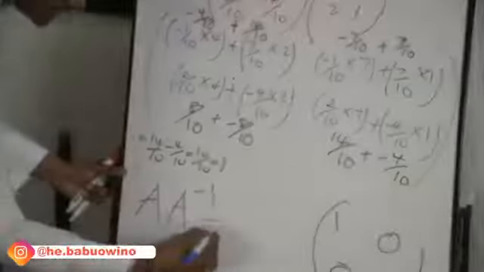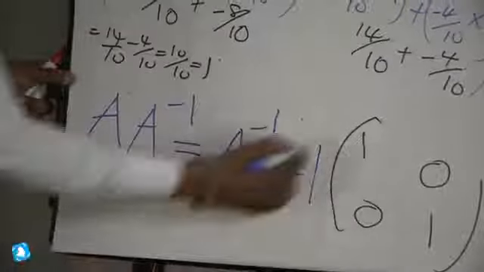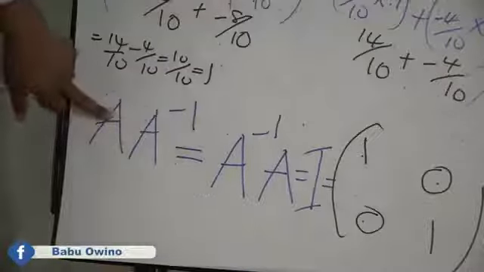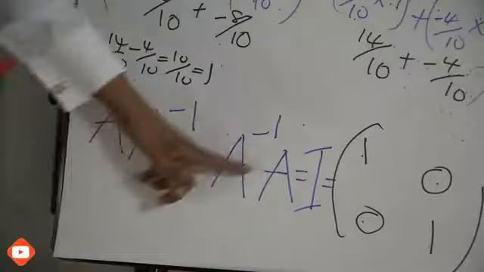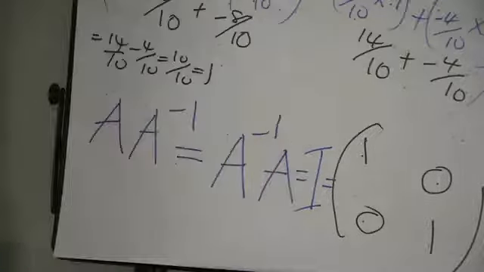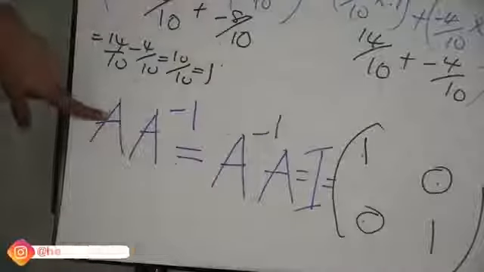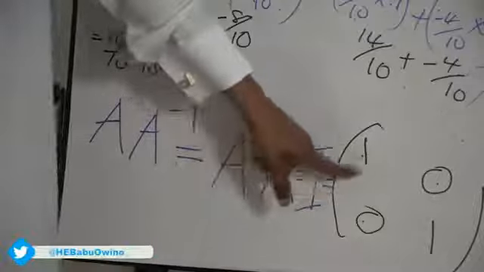When you multiply a matrix A by its inverse, you get the inverse of A multiplied by A, which is equal to the identity matrix, which is 1, 0, 0, 1. Class, again, be careful: a matrix A multiplied by its inverse, and the inverse of A multiplied by A, equal the identity matrix, which is 1, 0, 0, 1.